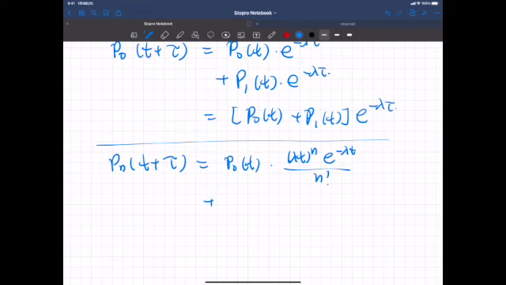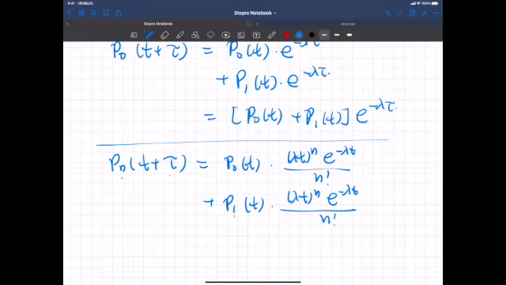Or there was one customer, but during time tau, this one customer will leave. So if there are n customers at time t plus tau, still n customers should arrive. So it should be again the same probability.